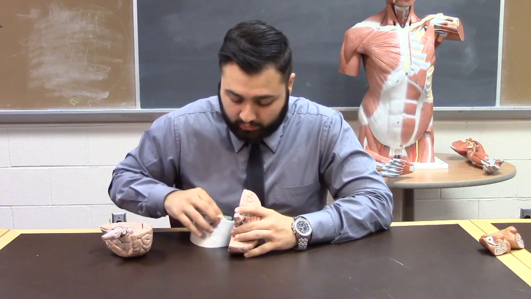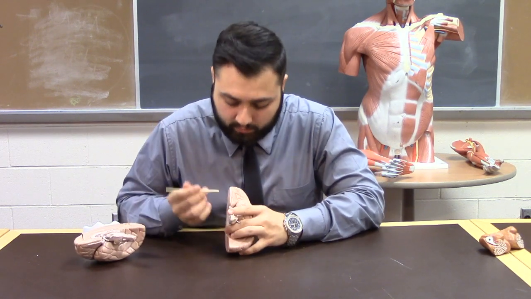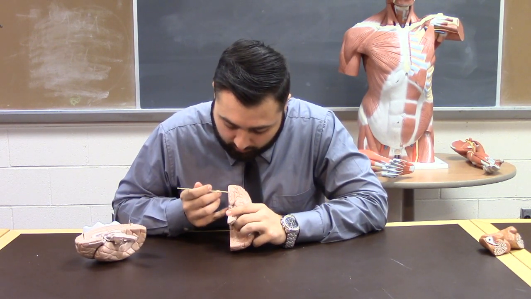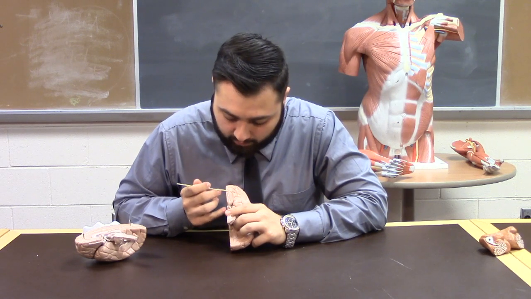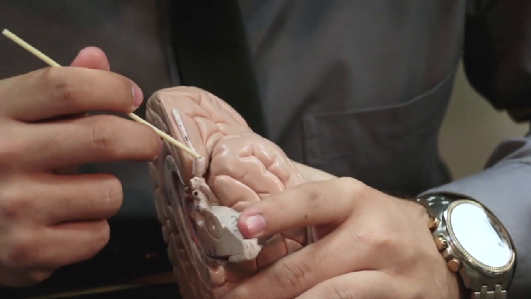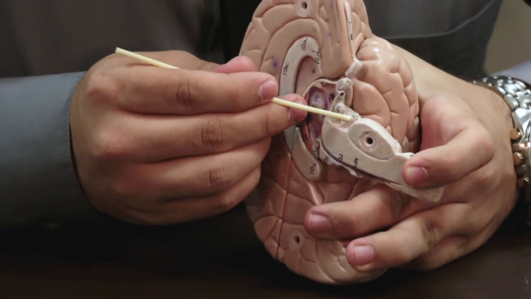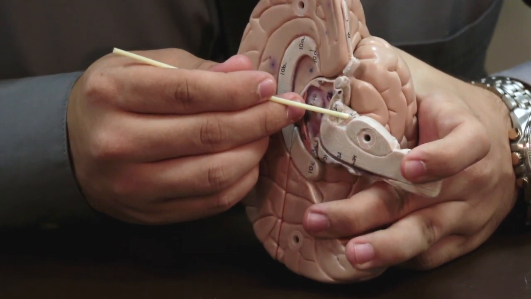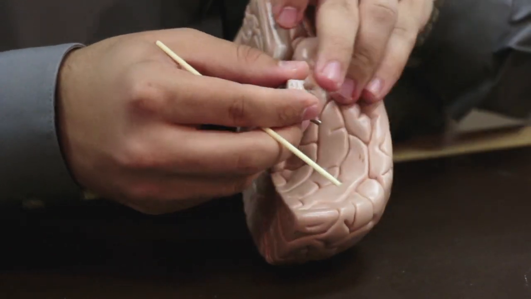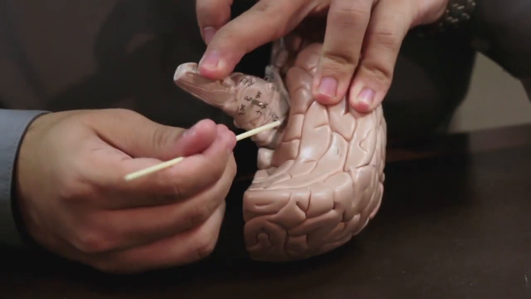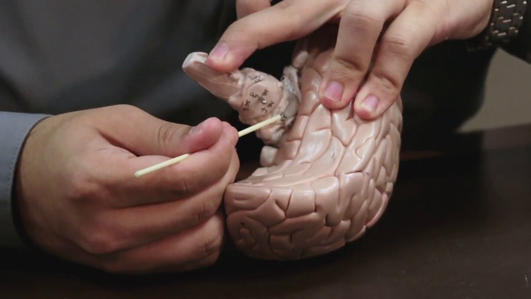Okay? Starting off with olfactory. Right here, you have the olfactory bulb and olfactory tract. Cranial nerve number 1. Optic, number 2, is right here. Number 3, right there. Okay? Oculomotor. Now you have to kind of push this away to see number 4. That's it right there. Okay?